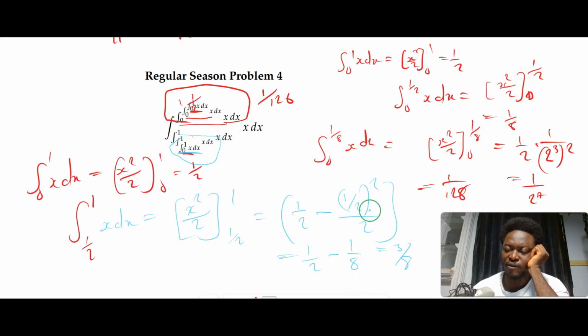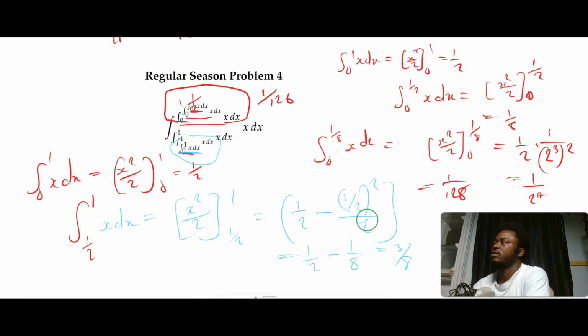So half times half is 1/4, 1/4 times half is 1/8. So 1/2 minus 1/8. We multiply both top and bottom by 4. You get 4 minus 1, that is 3. So that is 3 over 8. So now we have to do the integral from 3 over 8 to 1 of x dx.